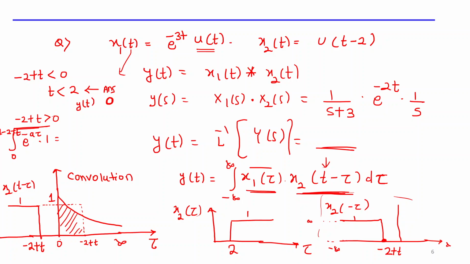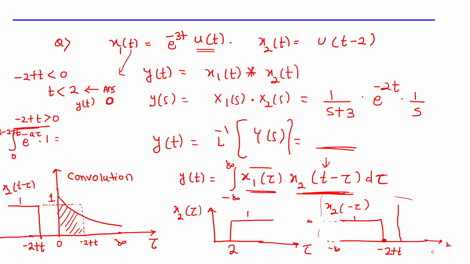Actually, here I am considering two systems. One system with x1t has an impulse response h of t, giving an output y1 of t. The second system with x2t, multiplied with h of t, amplifies it, and you get some y2t. Now you have two systems interconnected by some means.